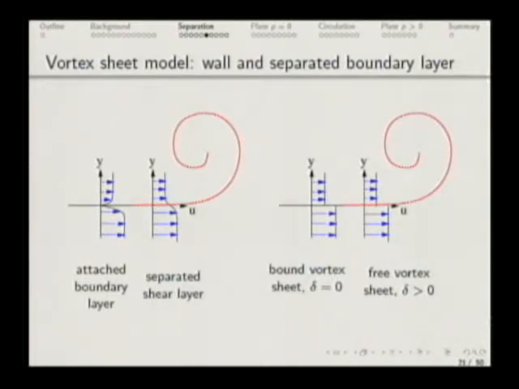I'm going to model the boundary layer by a vortex sheet, and the strength of this sheet is set exactly so that no flow goes through the wall, and that uniquely determines the sheet strength. That's my bound vortex sheet. And for that, I have to set delta equal to 0 because it doesn't move. If I set it positive, then I can't invert the linear system; it's not a well-posed system anymore. And the separated shear layer is simulated by a free vortex sheet. And for that, I do need to regularize that motion.